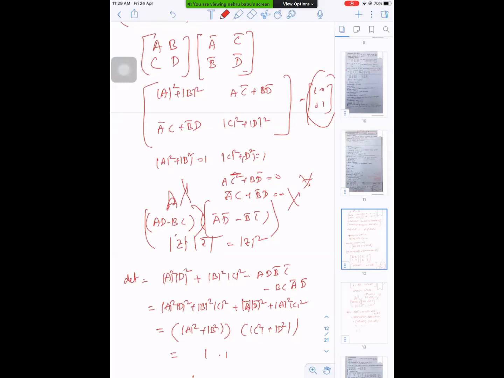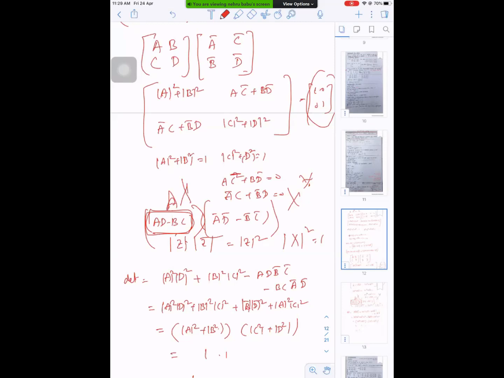What we are proving is that X and X star are conjugates of each other, so det X square equal to 1 is coming, which means the magnitude is 1. If A is a unitary matrix, the magnitude is 1 will come. It may be a complex number, as A, B, C, D are complex numbers, so AD minus BC can be complex, but its magnitude must be 1.